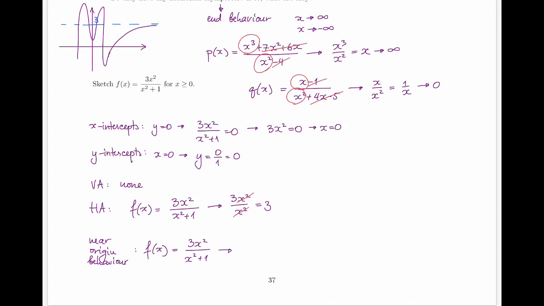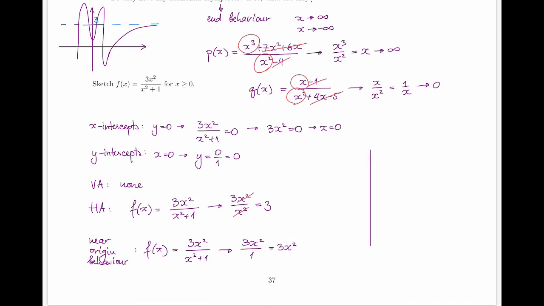So now on the top, again, I don't have much of a choice, so I'm going to have to keep my 3x squared. But on the bottom, near the origin, I would like to keep the smaller power. The smaller power of x happens at 1, because that's when the power of x is 0. So I have 3x squared over 1, or 3x squared, which tells me that near the origin, my function behaves like 3x squared, like an upward-facing parabola, which is very useful when I'm trying to sketch things.